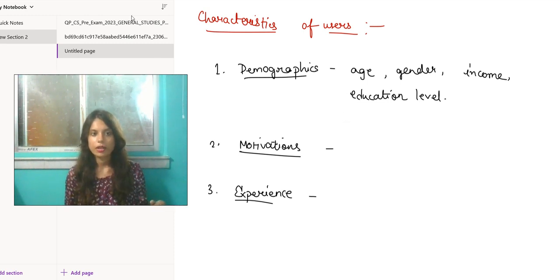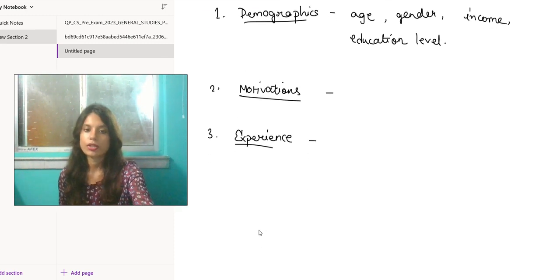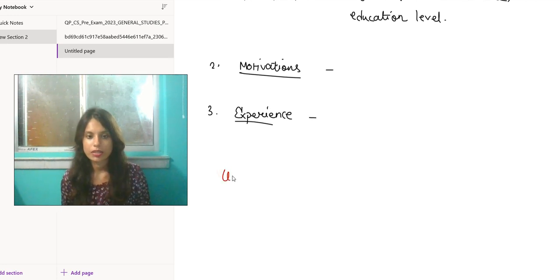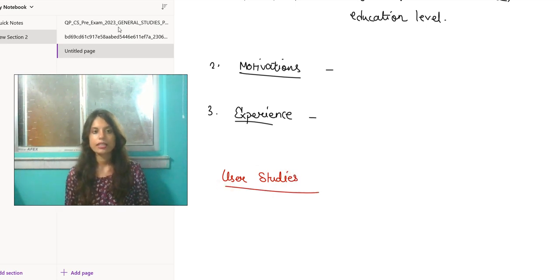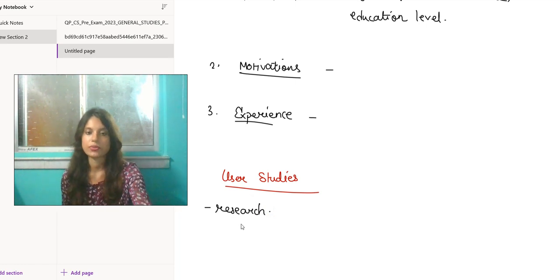Now we are going to talk about the user studies, because we need to understand the users a lot. So user studies include a type of research. It's a research work, and this is conducted to understand the needs and expectations of the users.